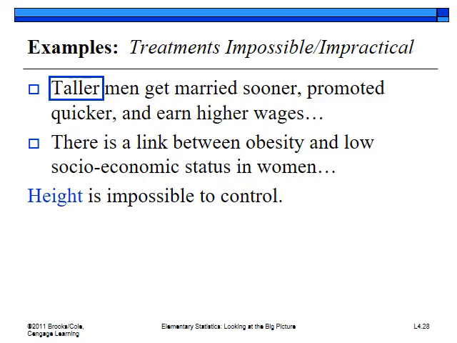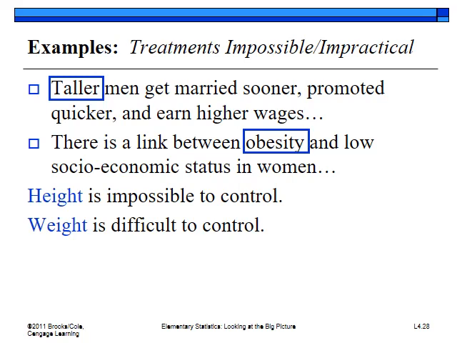The reason for that is, remember, in an experiment, the researcher must be able to control the explanatory variable. Height is something that cannot be controlled by an experimenter. Obesity is something that is very difficult to control. And there's also an ethical question there. If you force someone to become obese because that's the group they were placed in.